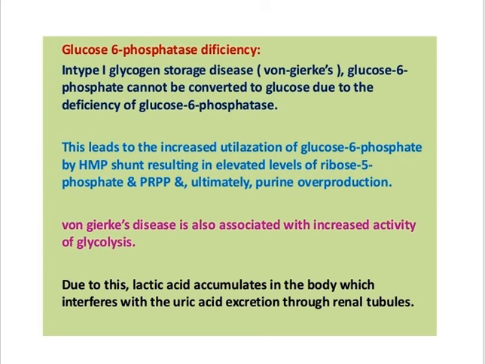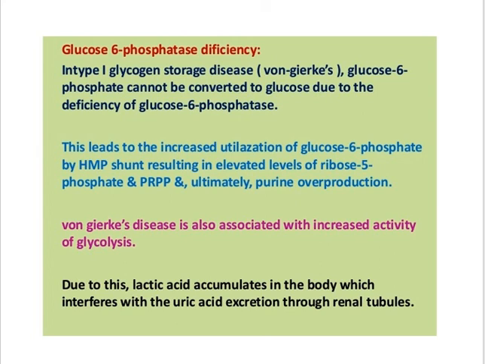This increased amount is utilized by the hexose monophosphate pathway. When there is overactivation of this HMP pathway, there is increased production of ribose 5-phosphate, which leads to the excessive formation of phosphoribosyl pyrophosphate and ultimately the purine overproduction.